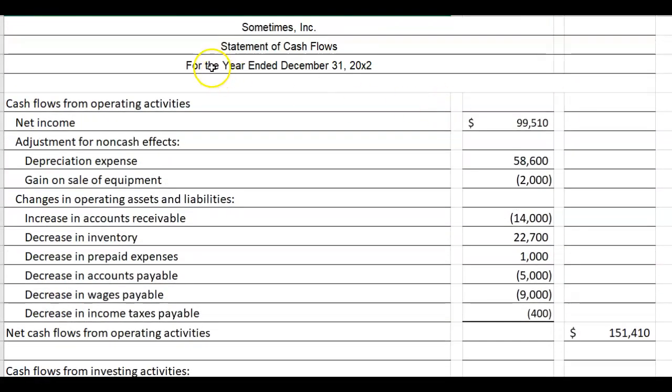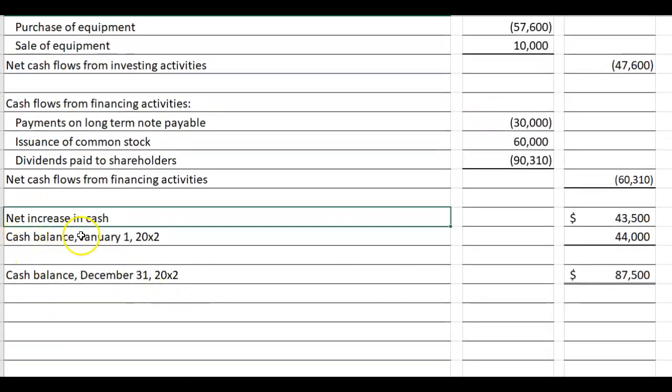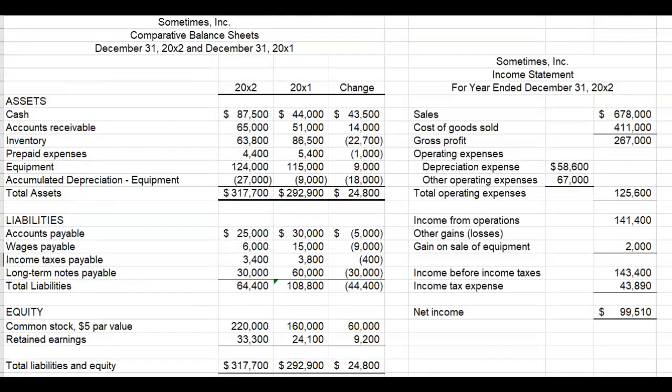Then we need to put in the cash balance as of the first day of this fiscal period. This is a cash flow statement for the year ended December 31st, 20X2. The first day of that accounting period is January 1, 20X2. So cash balance January 1, 20X2, and you can find that number on the balance sheet. $44,000.